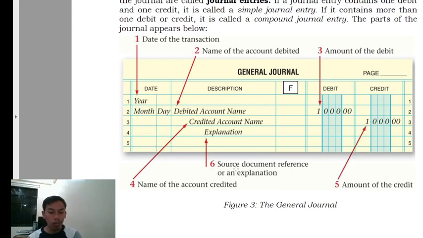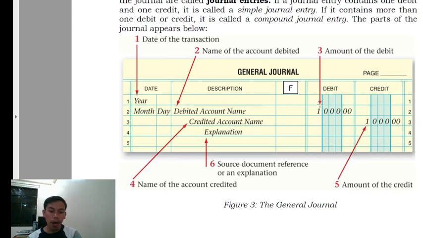So, yun, source document yun. Anong nangyari doon sa OR na yun 100? So, receive cash as collection of account. Yun, explanation yun. Receive cash as collection of account evidenced by official receipt number 100. So, explanation that would describe kung ano yung nangyaring transaction, kung ano yung nire-record mo.